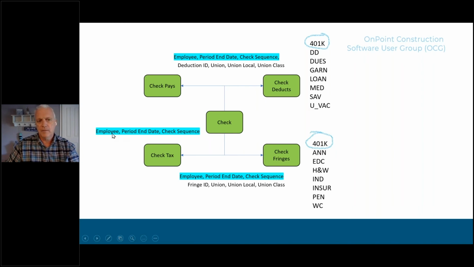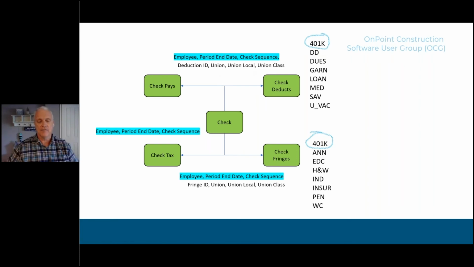Go to a row with the same employee, the same period end, the same check sequence as the check, and then hard code the deduction ID because I want 401k. And then in my report, I don't have union local class, so I'll put null values in there.